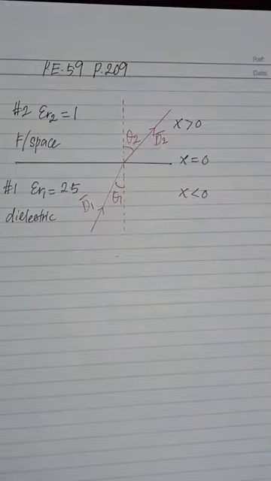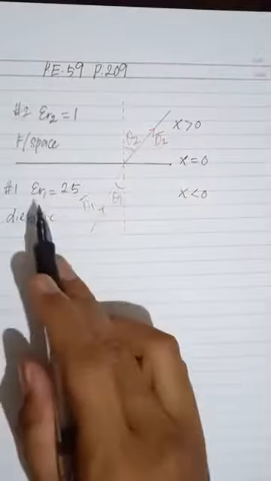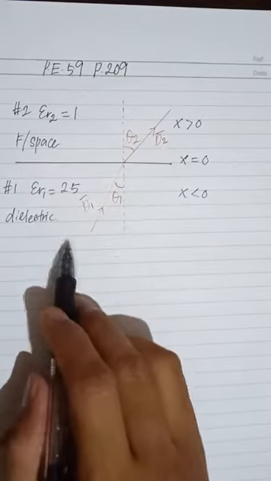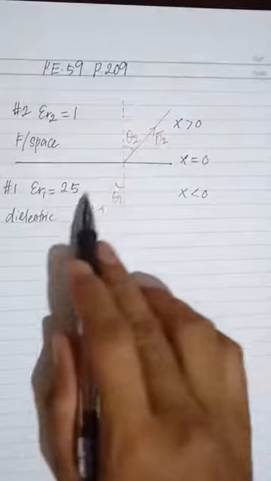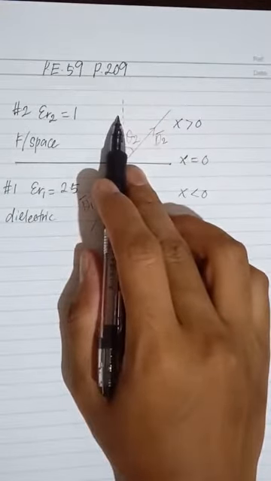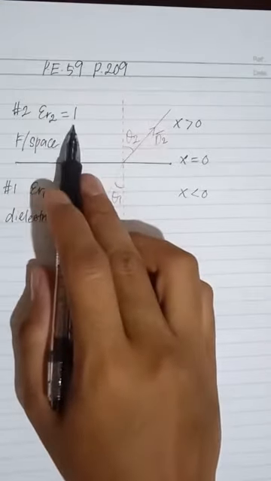So in this case, you are given a homogeneous dielectric with relative permittivity of 2.5, which is filled in the first region down here. And also the other region up here is free space, all right, with epsilon r equal to 1. We know that.